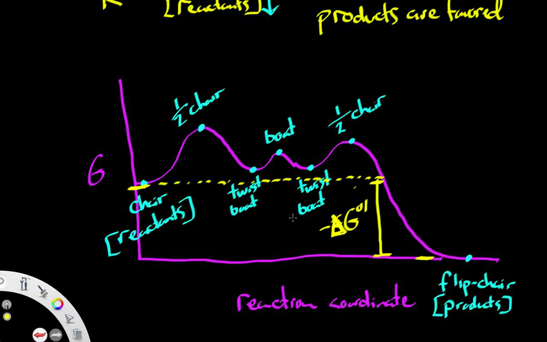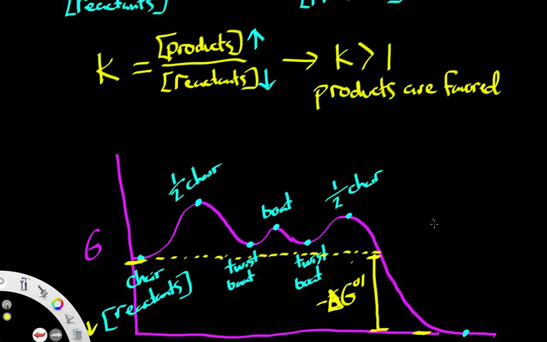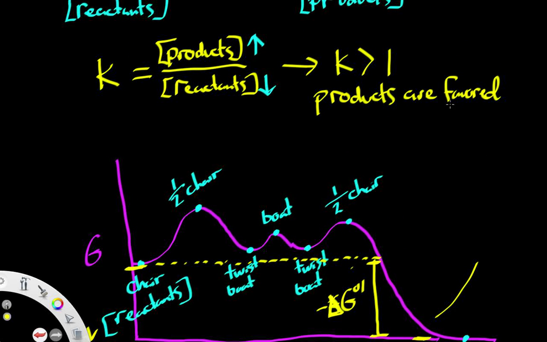And that's just showing that we are moving in a spontaneous reaction, and that our products are going to be favorable over our reactants. And we've demonstrated that not only energetically now, but we've also demonstrated that previously by suggesting that we are going to have more products as a result, and less reactants. And that just basically all ties into the K value being greater than 1.